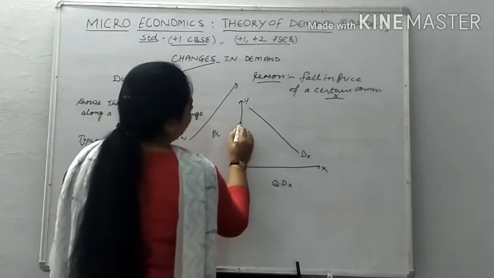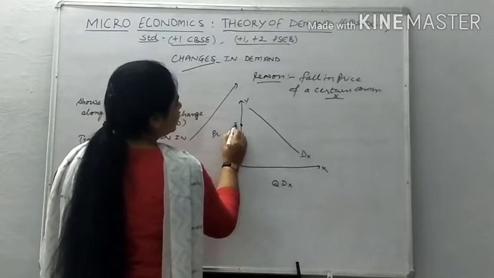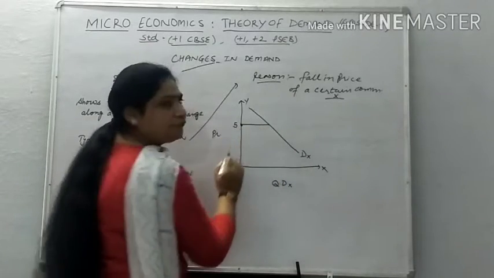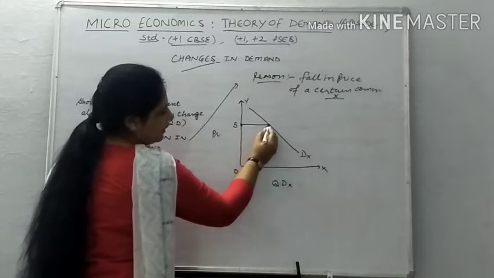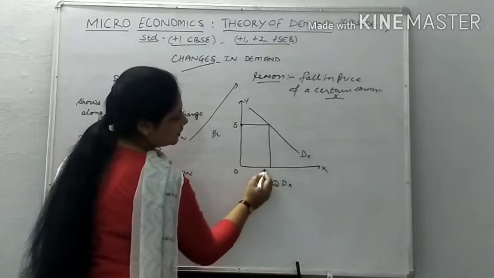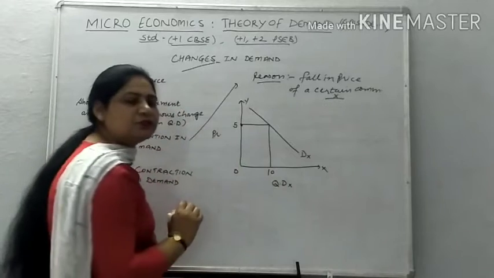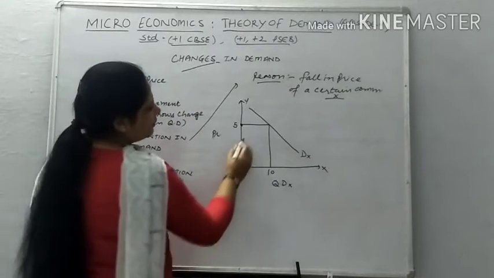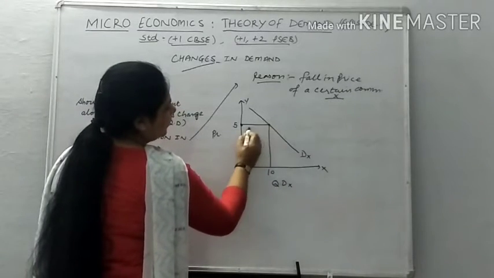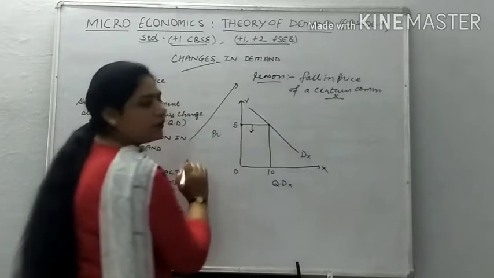Suppose, students, the price is 5 rupees per unit of the commodity, and the consumer can afford to purchase only 10 units. Suppose here is a price fall.